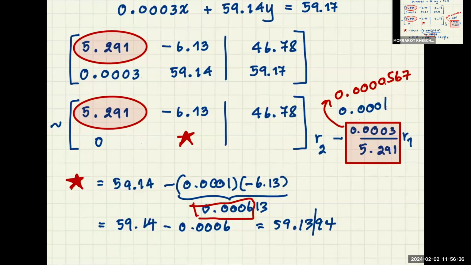So if I use 4 digits, so this is gonna be 59.14, okay?